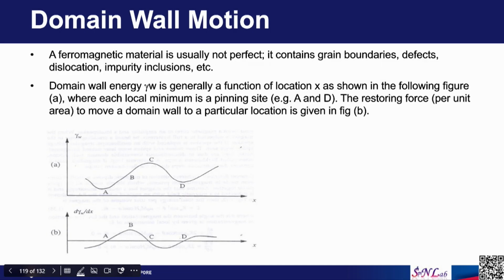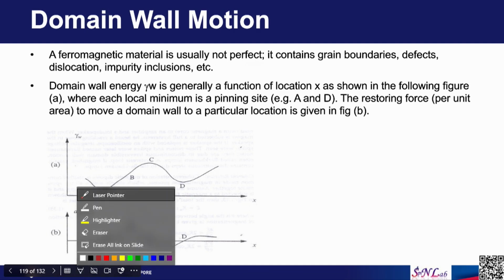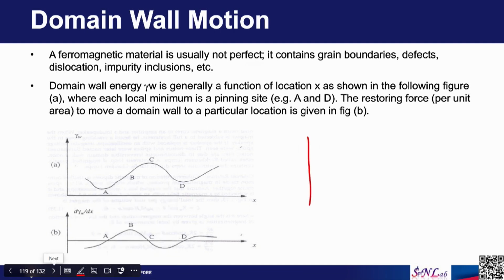Okay, so, when you have a film, within this film, due to the composition inhomogeneity or something like that, you may find some regions where the energy landscape is different compared to the rest of the region.